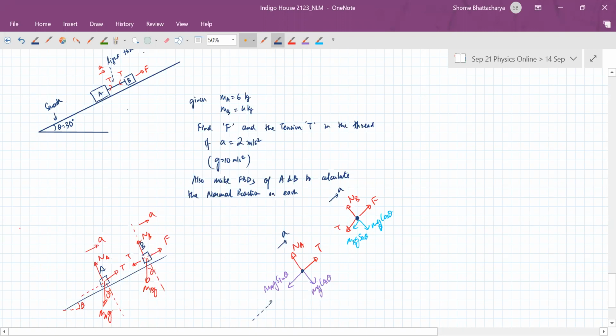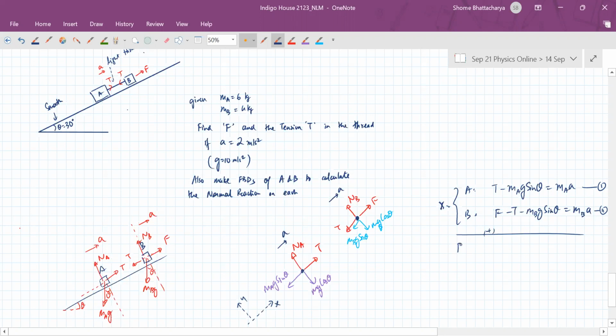Okay. So taking this as our x-axis. For the block A along the x-axis, the block B along the x-axis, you can just add the two equations. Something like this.